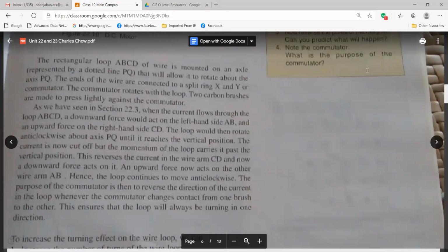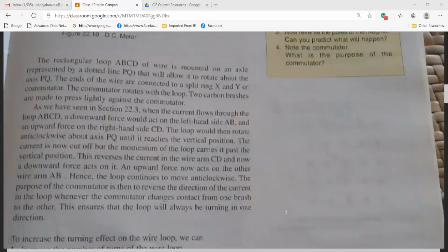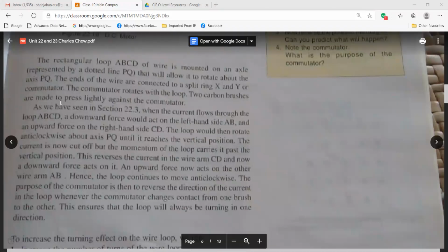Okay, look, here we have two carbon brushes, and these two carbon brushes are made to press lightly against the commutator. That means it's working as a connector with the circuit, but it is made from carbon.